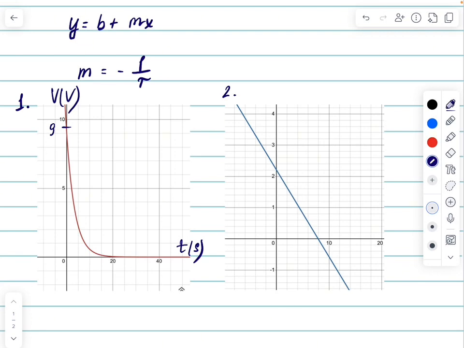So the horizontal axis is also the time, and the vertical axis is ln V. Because the equation is linear in this form, the graph becomes a straight line, and the slope of this line is equal to minus 1 over the time constant.